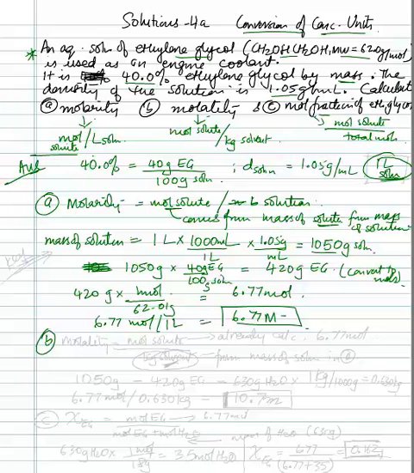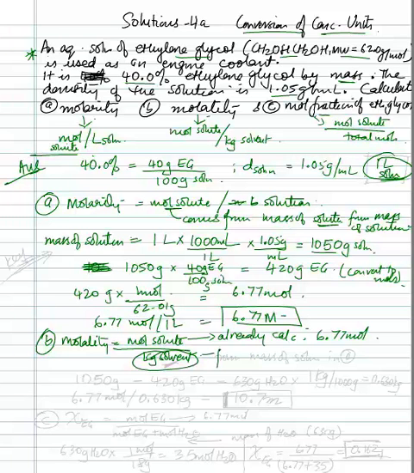Once you have part 1 done, then you have a little easier access to the rest of the problem. Because now we're going to deal with molality, and molality is moles of solute over kilograms of solvent. So this is already calculated now, and this is 6.77 moles. All we need to do is calculate the kilograms of solvent.